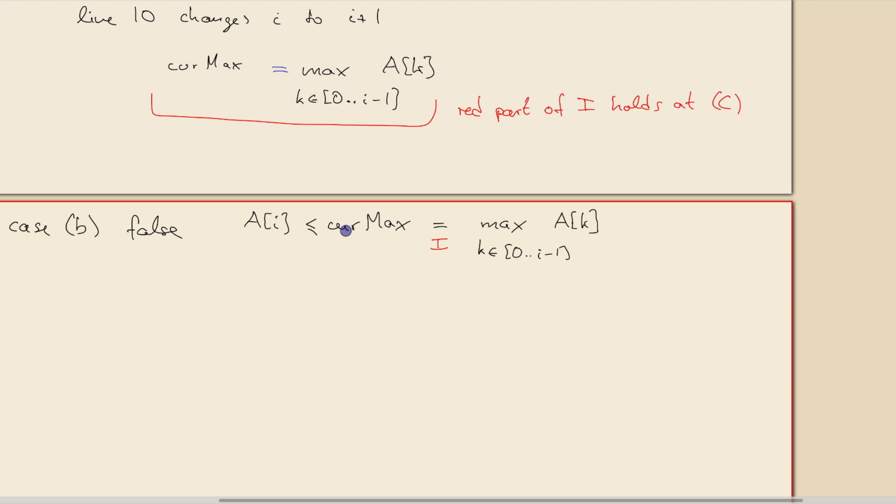But now, because A[i] is smaller than this maximum in the previous range, I know this is actually the same. So that uses this condition. Maybe I should also do it in blue again. That means that's actually the same as letting k go one further.